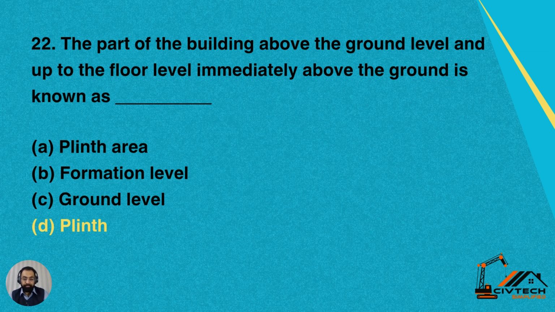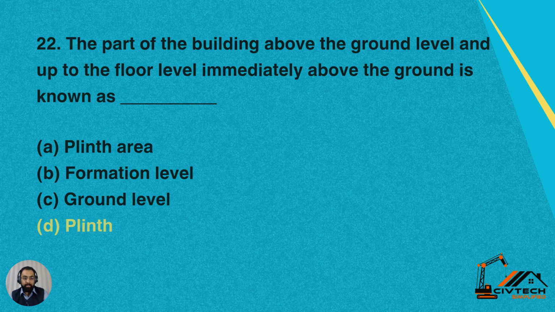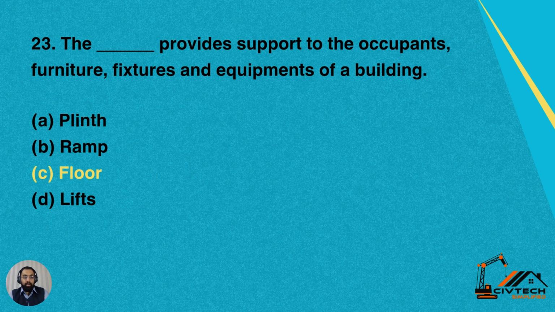It means in between ground and floor. So what will be that area? Number A, plinth area. Number B, formation level. Number C, ground level. Number D, plinth. Yes, it's plinth. Plinth is the part of the building above ground level and up to floor level. So immediately above the ground is known as plinth.